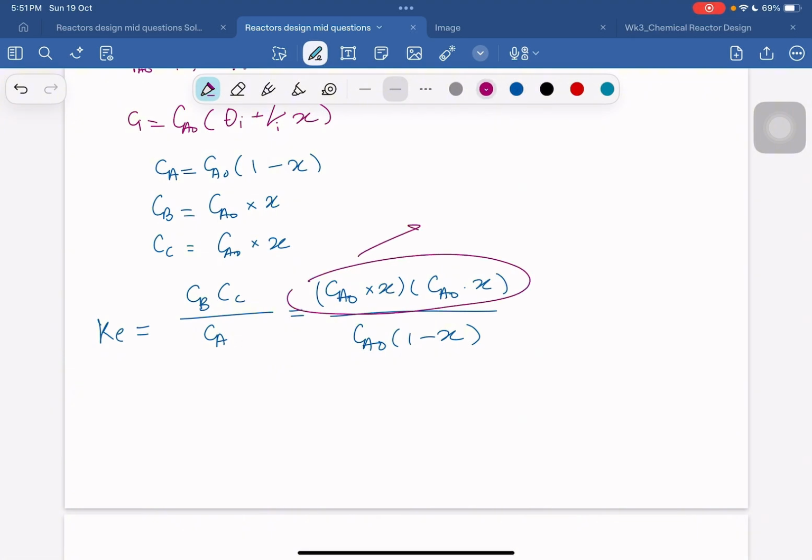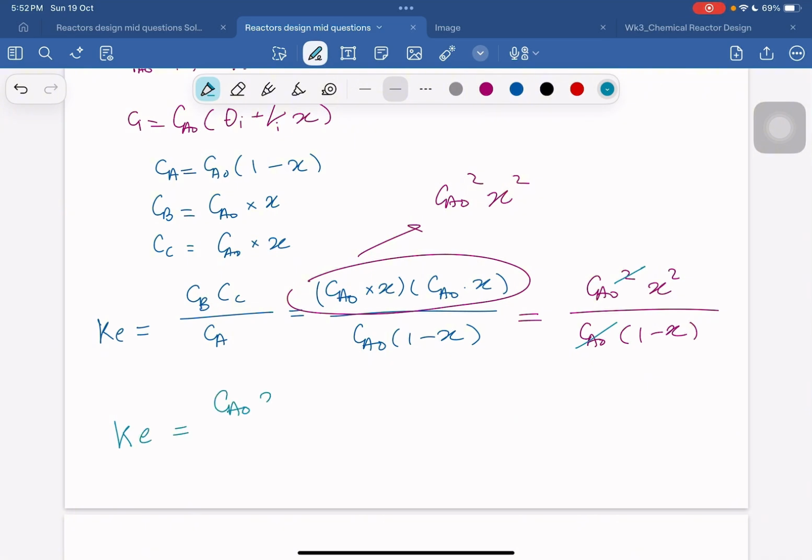This is the same as CA0 squared times x squared. So I'm going to write it in a simpler form: CA0 squared x squared over CA0 times (1 minus x). One CA0 cancels with the one below. So we're going to have an expression for KE: KE is equal to CA0 times x squared over (1 minus x).